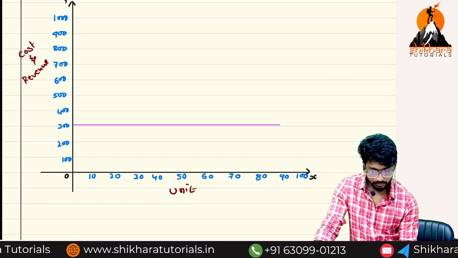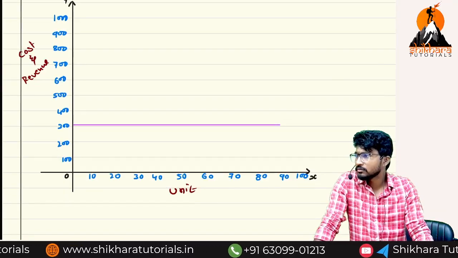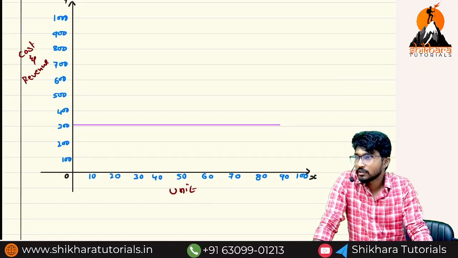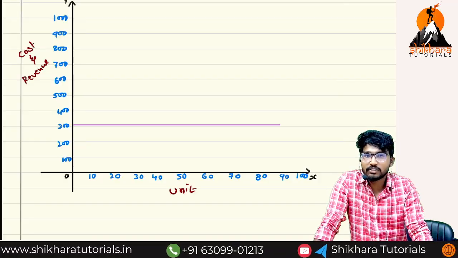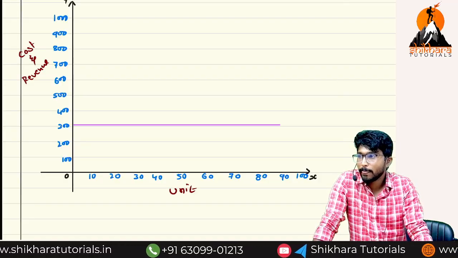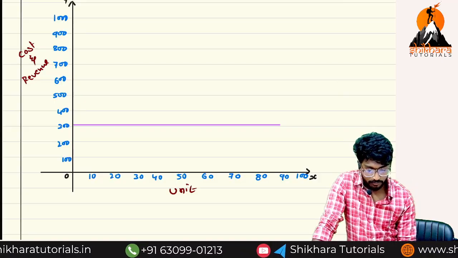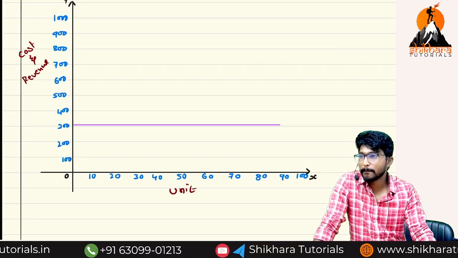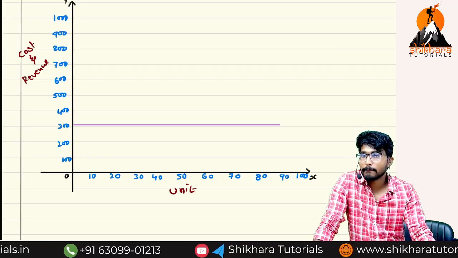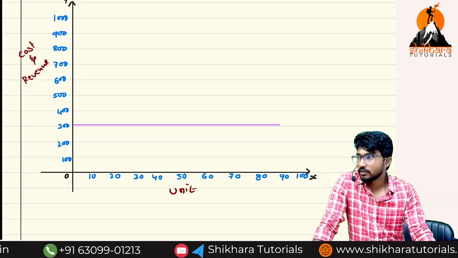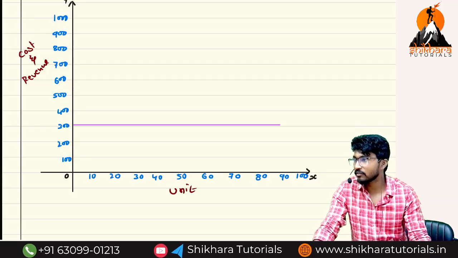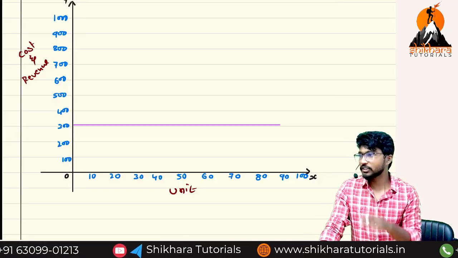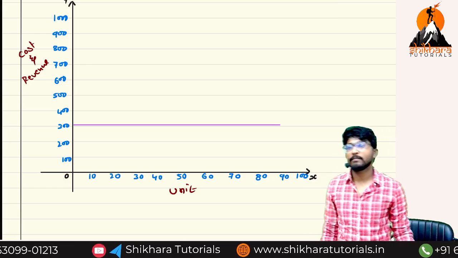Now variable cost. From where will the variable cost line start? From the origin, or from 300, or from 100, or from 600? From the origin only. If you are not producing anything, your variable cost will be 0 only. If you are producing 0 units, 0 into variable cost is 0.